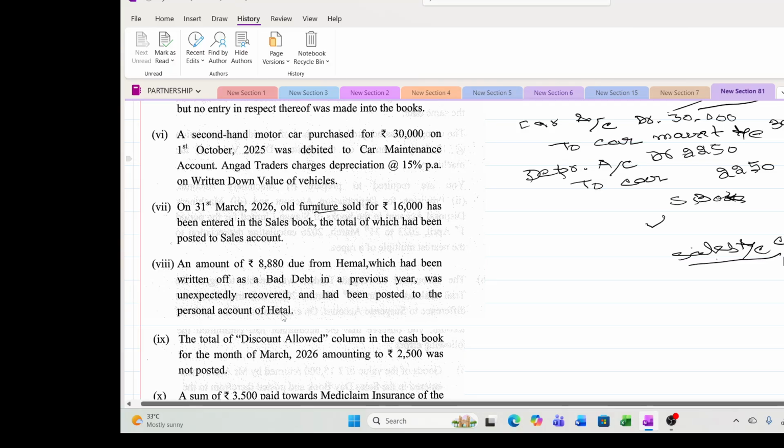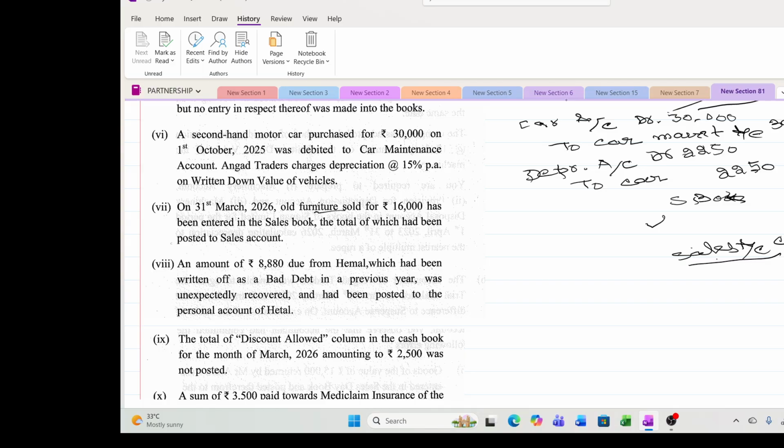Here they wrote that it had been written off as bad debt in a previous year. See here what happens when you are closing in the previous year, a bad debt was declared and you have written off that bad debt. When you write off the bad debt, what entry you pass? Bad debt account debit to sundry debtor account.